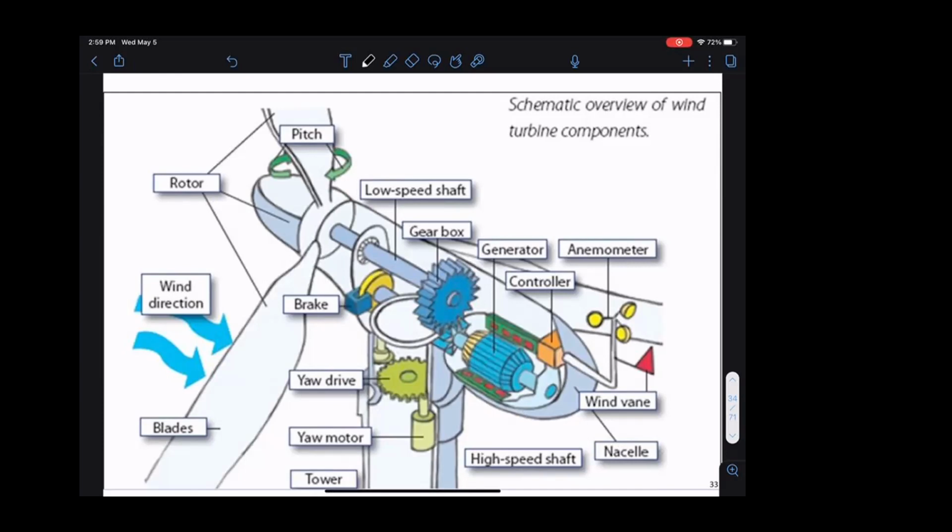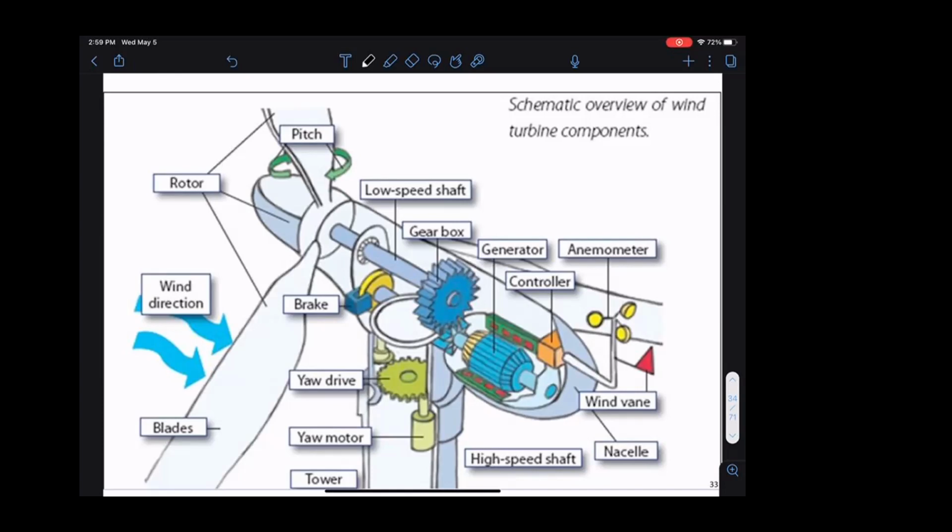Okay, any questions about the physical setup before we do more math on this? So you're saying we rotate the blades to avoid those breakdowns where the wind's spinning so fast that it's producing too much power? We do it for two reasons.